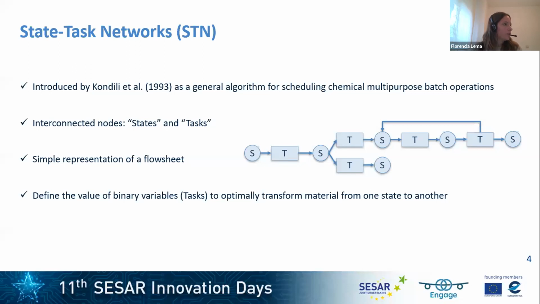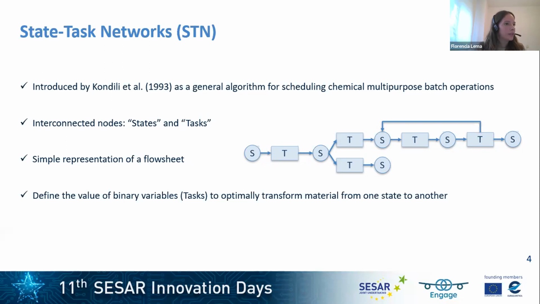This methodology was introduced by Kondili, and it's commonly used in the chemical industry for scheduling multipurpose batch processes. The networks are built with interconnected nodes that represent different entities. First, we have the states, which are the circles in this diagram and represent inputs and products of material.